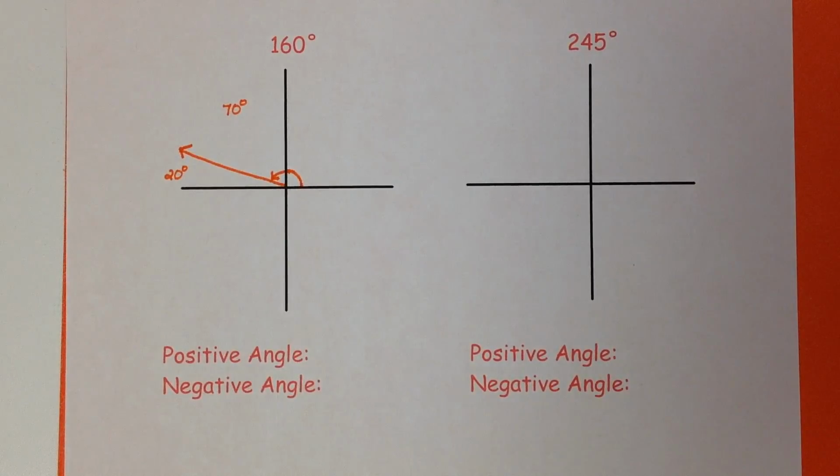Okay, so first of all, below the coordinate system there, I have positive angle and I have negative angle. So what we're going to do is name one positive coterminal angle and we're going to name one negative coterminal angle. Okay, so if I'm going to name one that is positive, I have to rotate in the same direction that I just rotated.